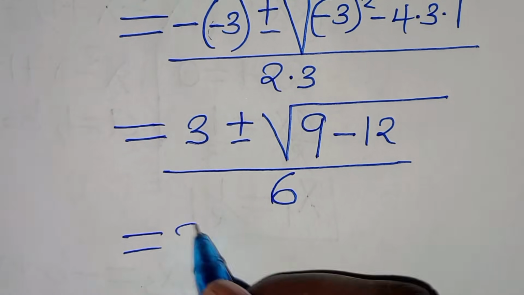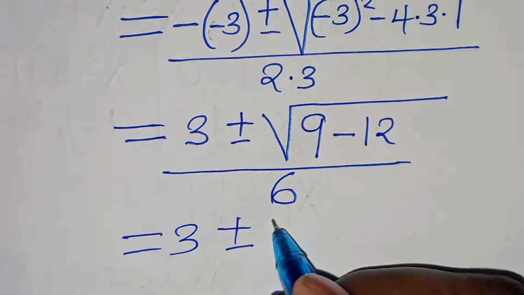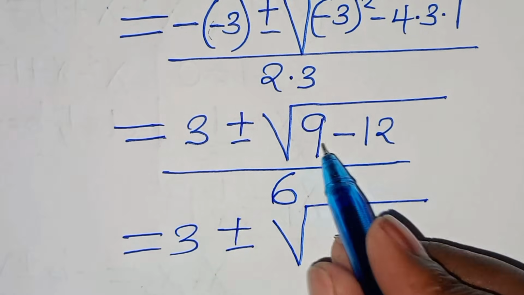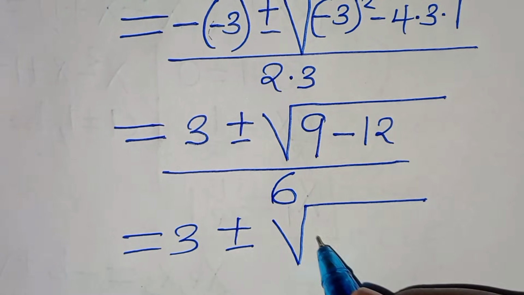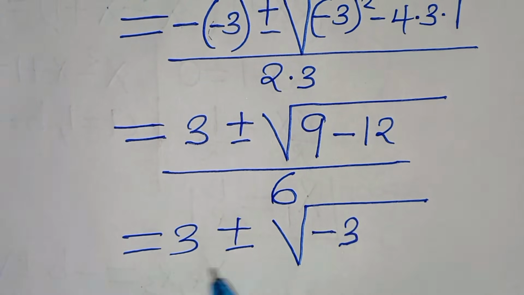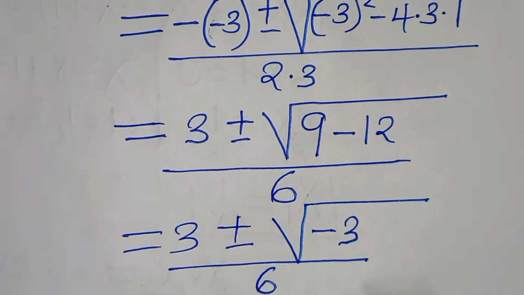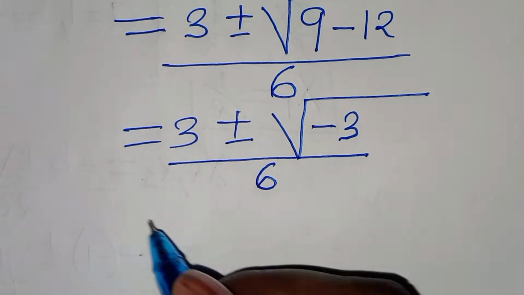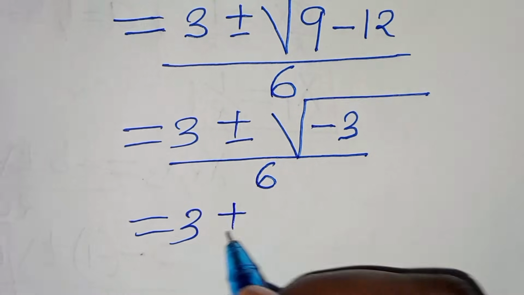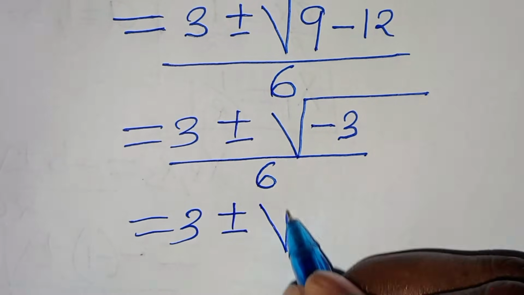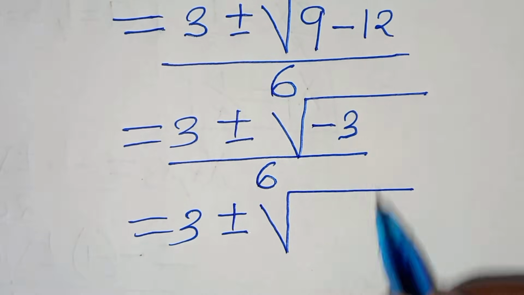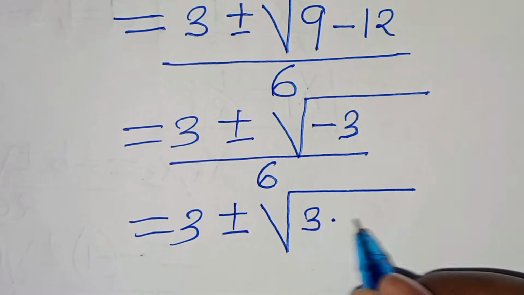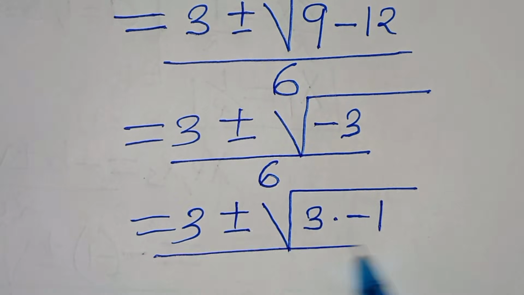So this is equal to 3 plus or minus the square root of 9 subtract 12, this is minus 3, then divided by 6. So this implies that we have 3 plus or minus. We can express the square root of minus 3 as the same thing as 3 multiplied by minus 1, then divided by 6.